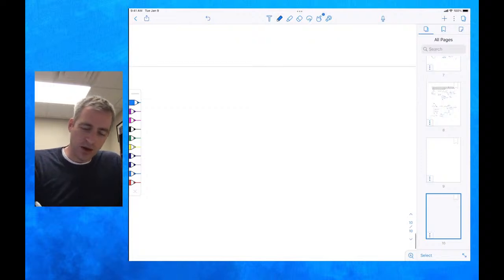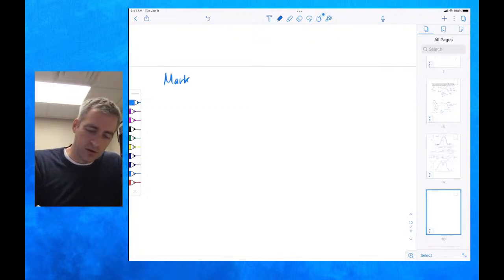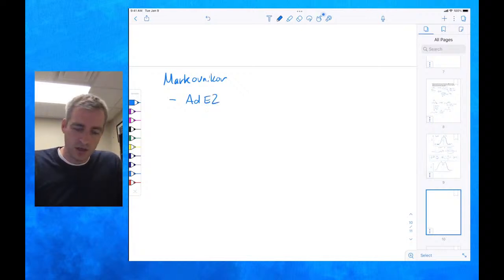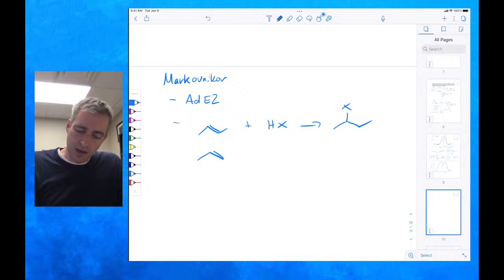If you look at the Markovnikov ones, this was anything with the AdE2 mechanism, which is electrophilic addition, like an alkene plus HX, or an alkene plus something like 50% H2SO4.